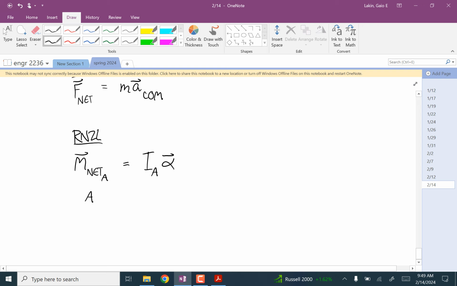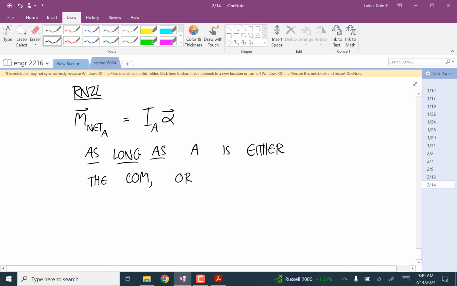In this case, this only holds as long as A is either, so you have two options, the center of mass of the body, or a point fixing the body to the coordinate system.